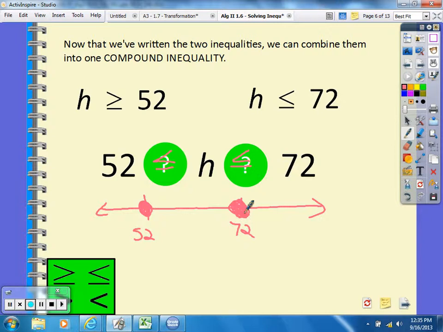All right. Now, where am I going to shade, though? Do I want to be smaller than 52 inches? No. There you go. See, use that knowledge from the word problem to help us to graph. I want to be between there.